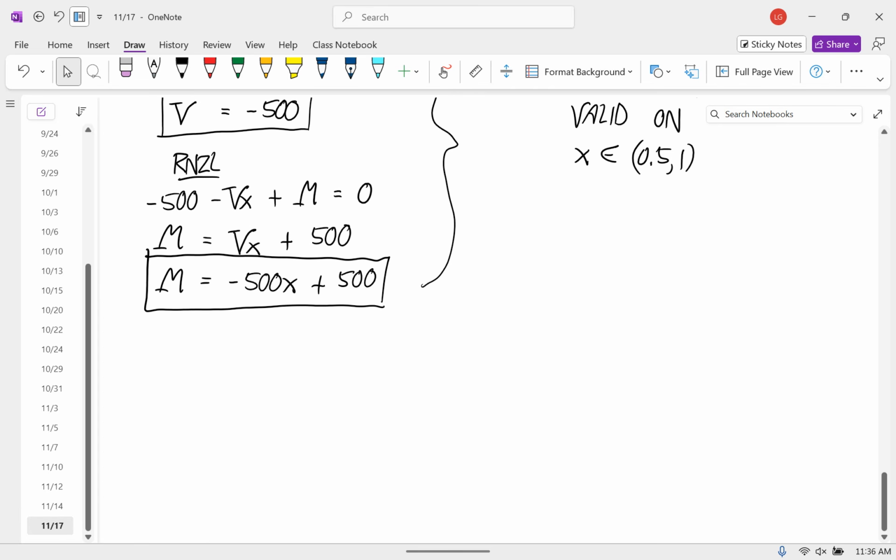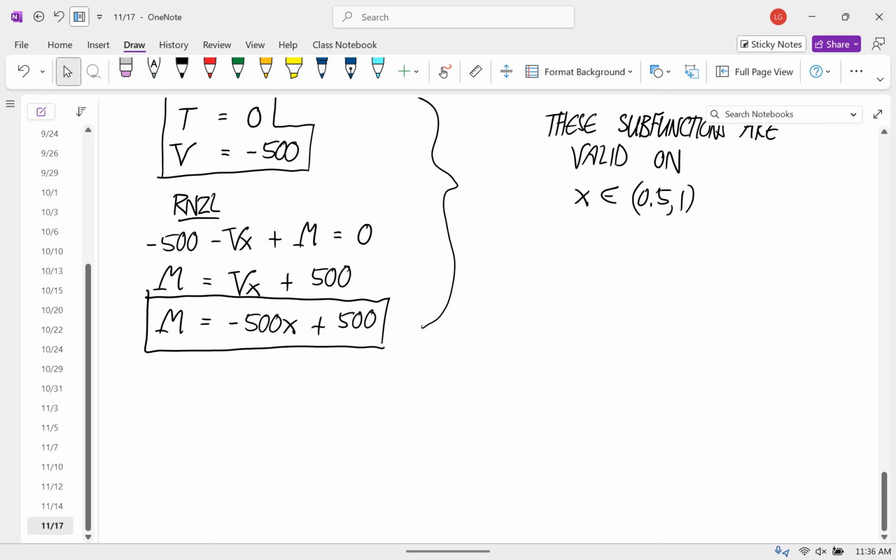Okay, so let's write these values. I would never ask you to find it at that point. Really, I just ask you for these piecewise functions. And we'll just think that at the points where these subfunctions change, we don't exactly know what's going on.